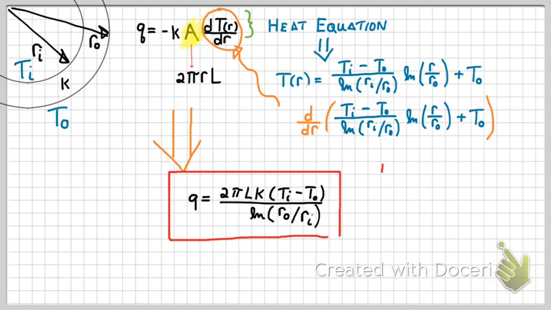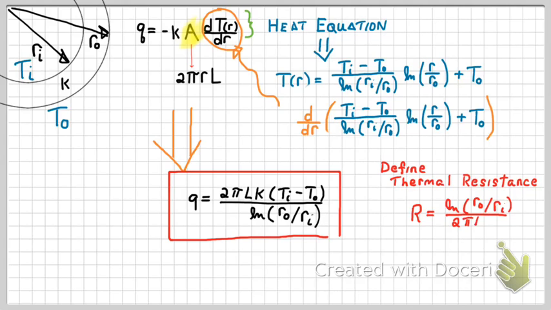And once we've done that, we can then define a thermal resistance, which will be proportional to the thermal conductivity and the length and the radiuses of the cylinder.